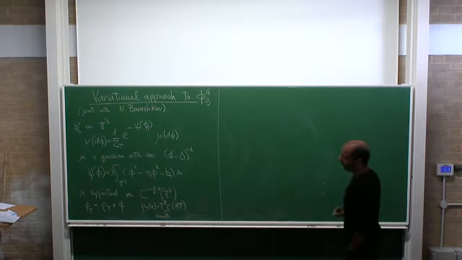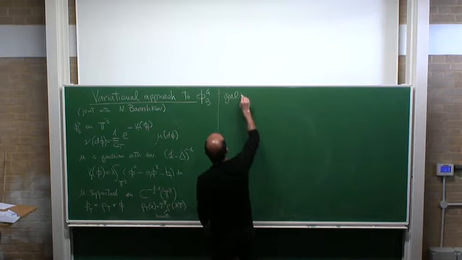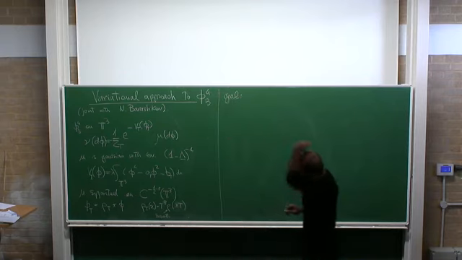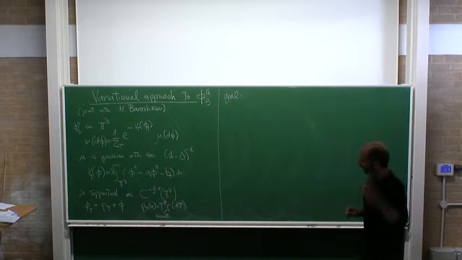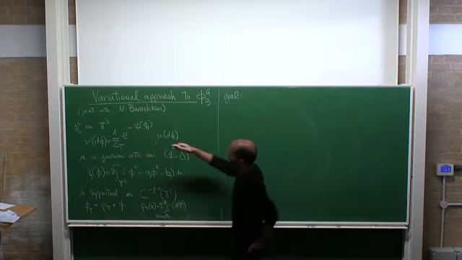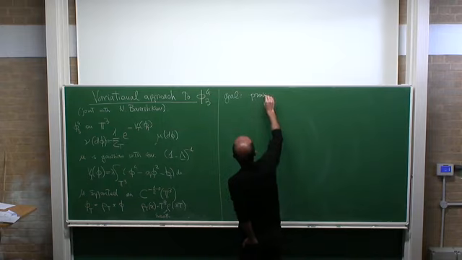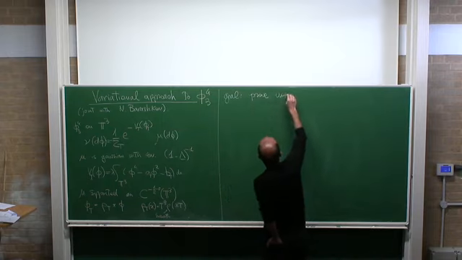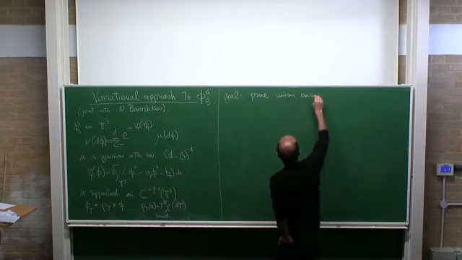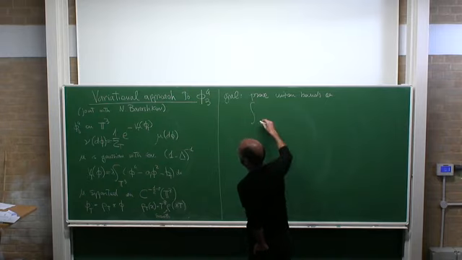So this is the setting, and the goal for this talk is to prove uniform bounds on, for example, Z_T.